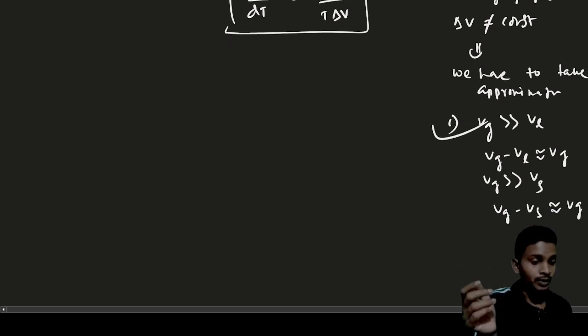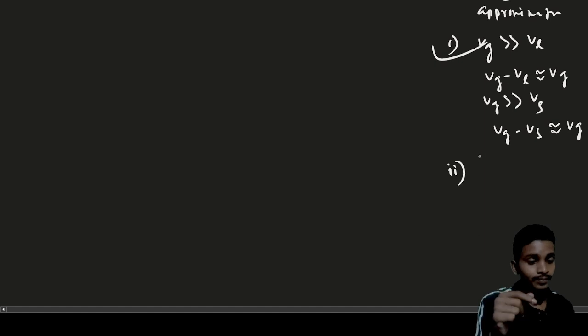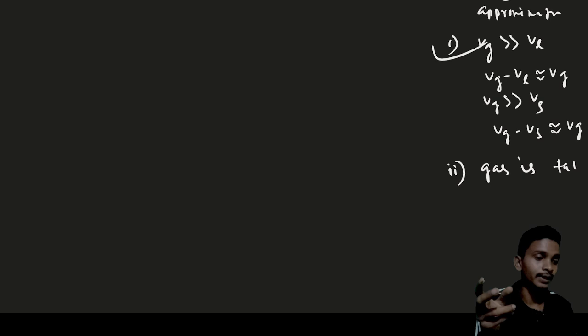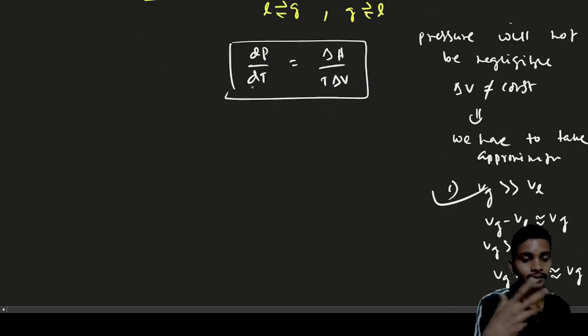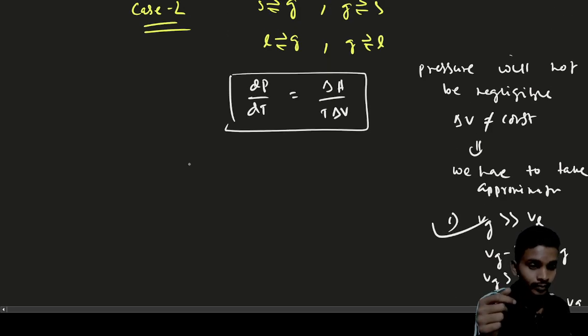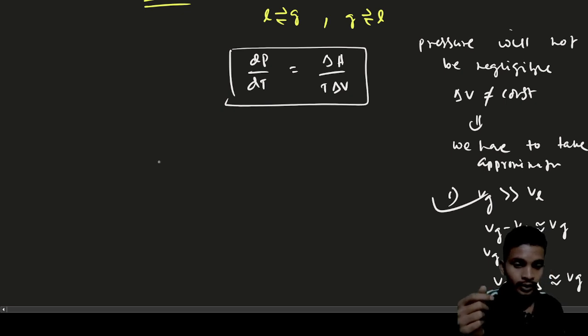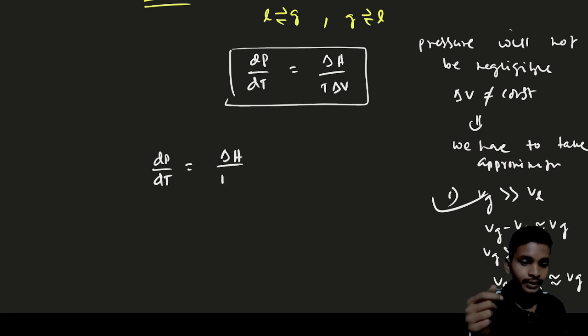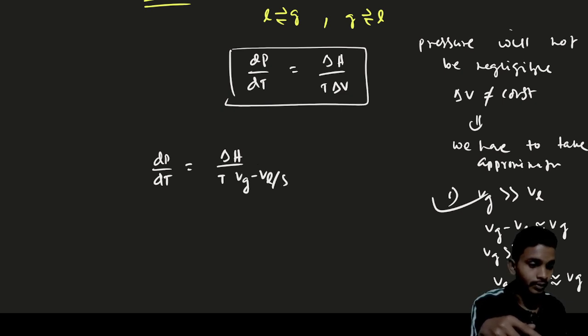This is one approximation we assume, and another approximation is that the gas is taken to be an ideal gas. So these two approximations we will take and derive this Clausius-Clapeyron equation. That means dP/dT = ΔH/(TΔV), where ΔV is the volume of gas minus the volume of liquid, or this may be solid.